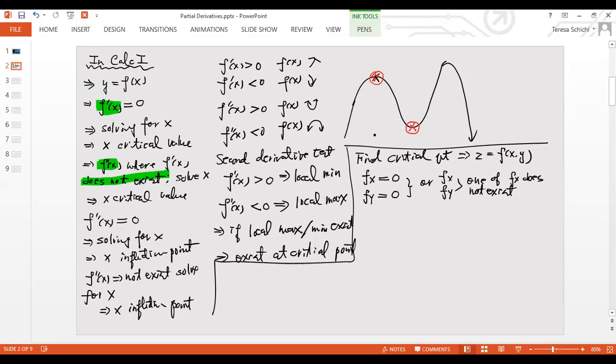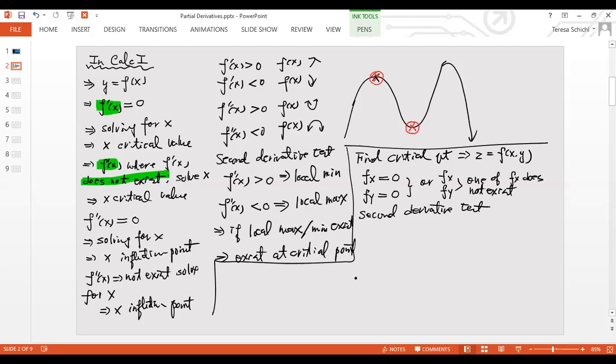And then we have the second derivative test, right? In Calc 1, if f double prime of x is greater than 0, I have a local min. If f double prime of x is less than 0, I have a local max. So here we also want to take a look at the second derivative test.